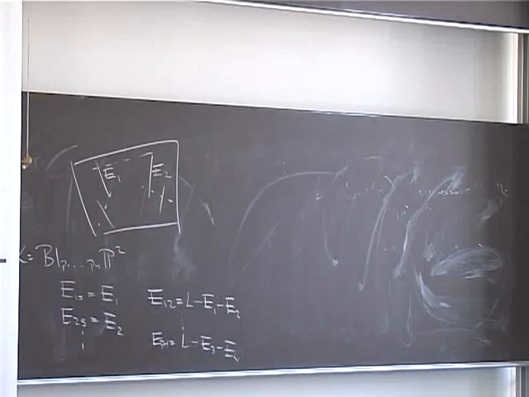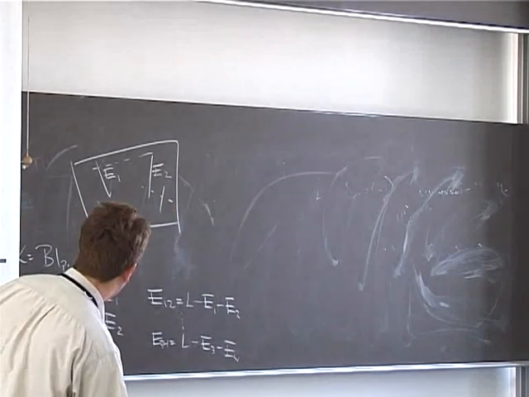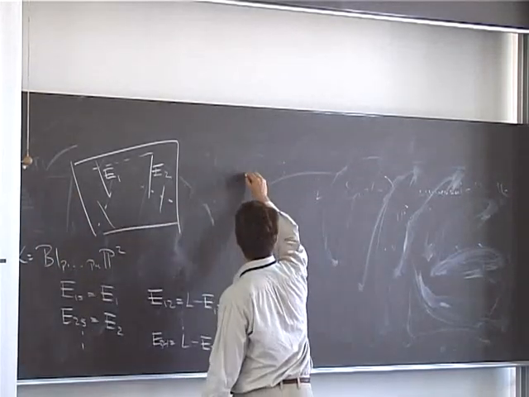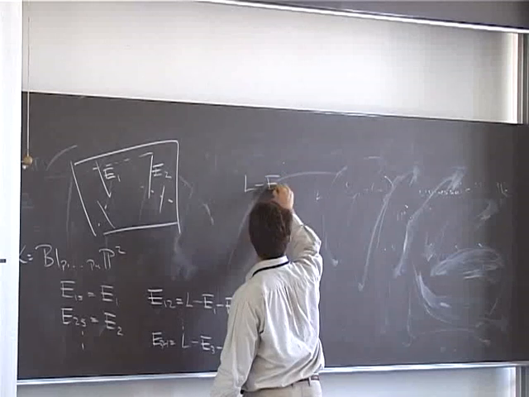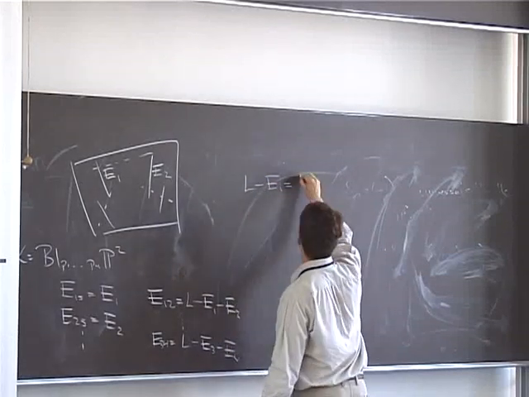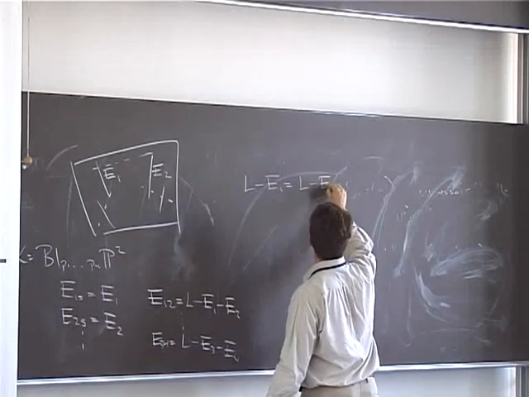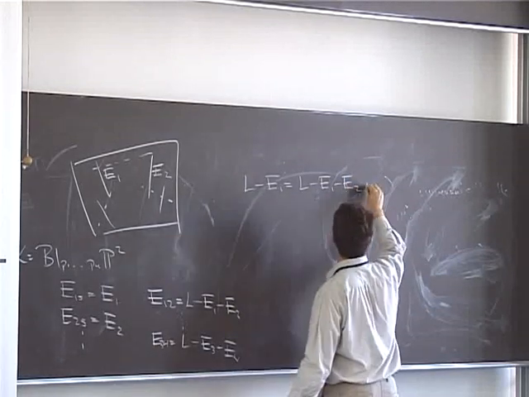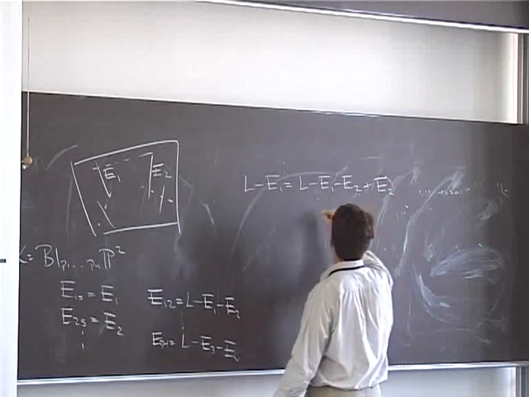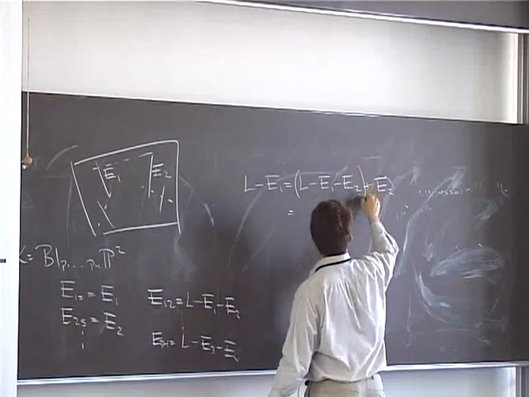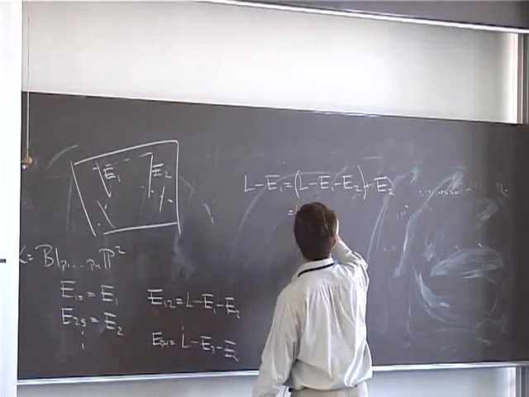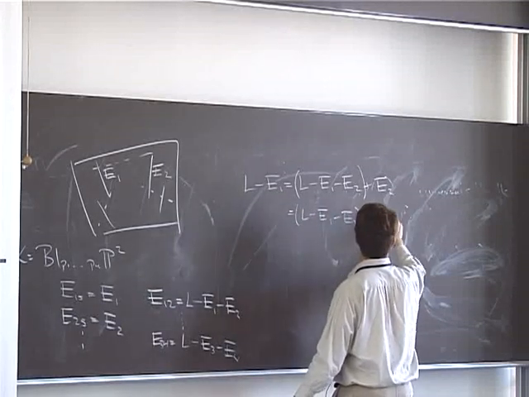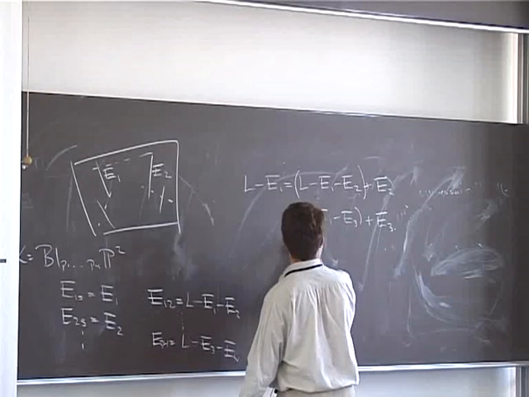So I get 10 of these all together. Now, the point is that I can write, say, L minus E1 in a number of different ways. This is L minus E1 minus E2 plus E2, L minus E1 minus E3 plus E3.